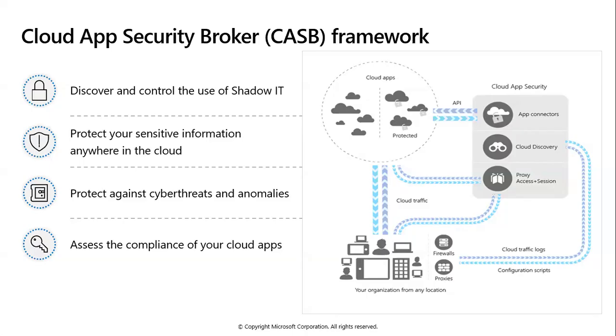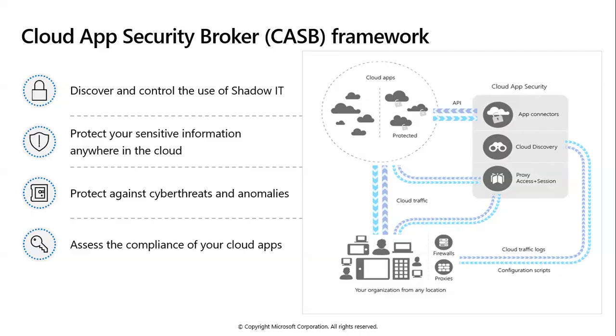So first of all, whenever you run this cloud app security broker in your entire environment, it is going to detect all the shadow IT resources. Now understand, discover and control the use.